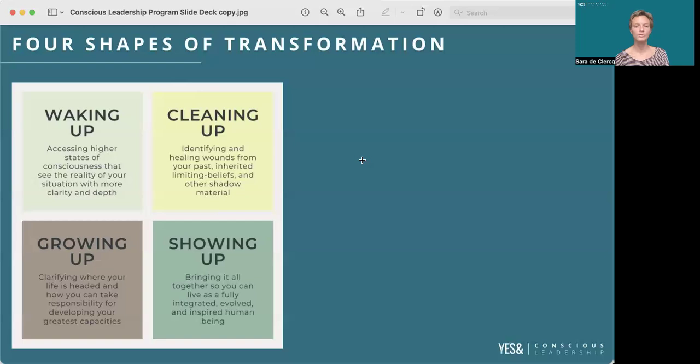How are we able to actually be with these places within ourselves and clean up these old wounds and limiting beliefs, which most likely places us in a state of waking up, of like, oh, all of a sudden we have this space, we have more clarity, we have more space available in our minds to see more of reality as it is. Then that moves into growing up again as we make that a more day-to-day reality.